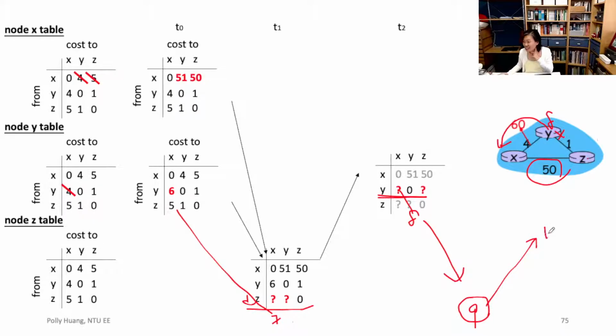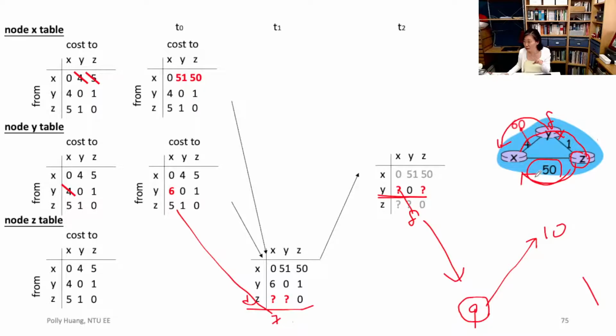Okay, so this is going to grow to 10, 11, all the way until z sees that the cost going this way is 51, then z will say, okay, fine. The best way is this way, going directly to x. Okay, now it's clear. And I hope it's clear for you as well.